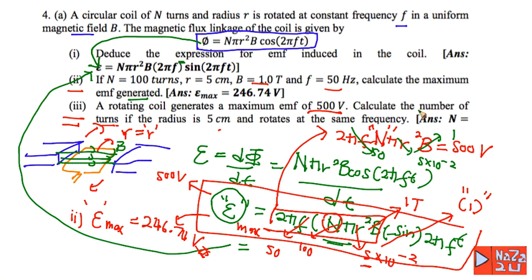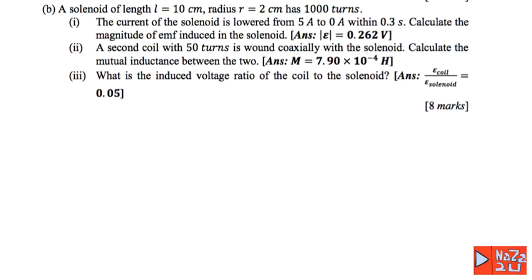You can use the calculator to calculate the value of N. So N is equal to 203 turns. Number B.